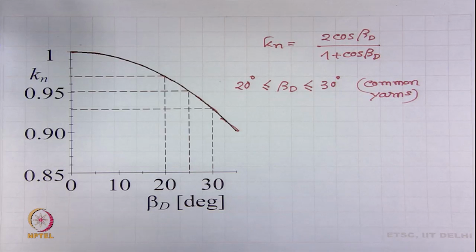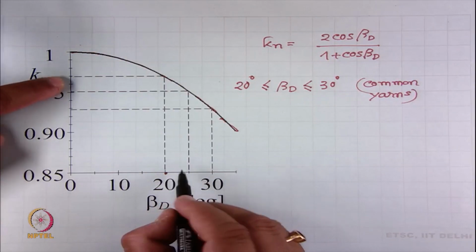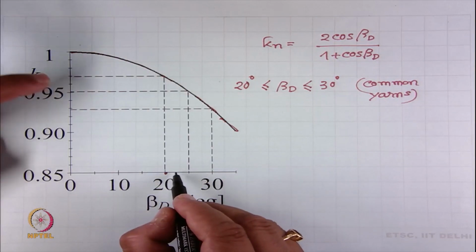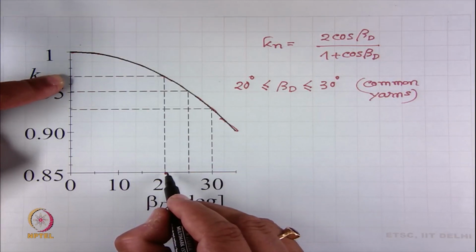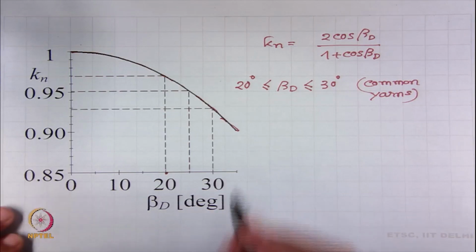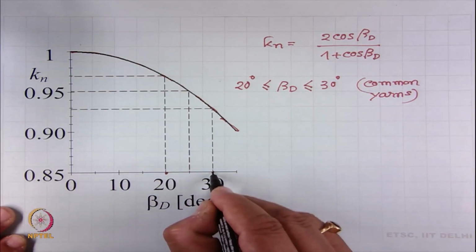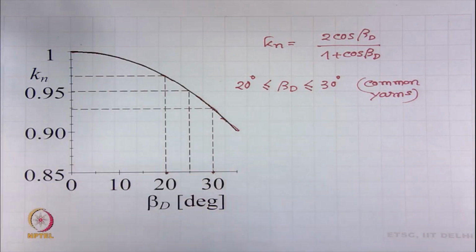When beta d is 20 degree, corresponding Kn is 0.97, is not it? And when beta d is 30 degree, corresponding Kn will be close to 0.93.